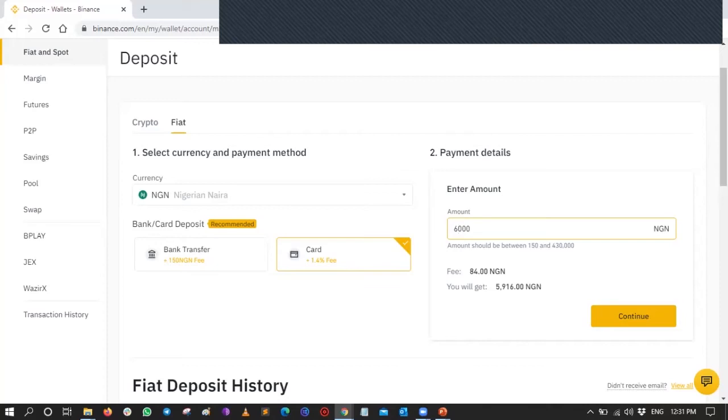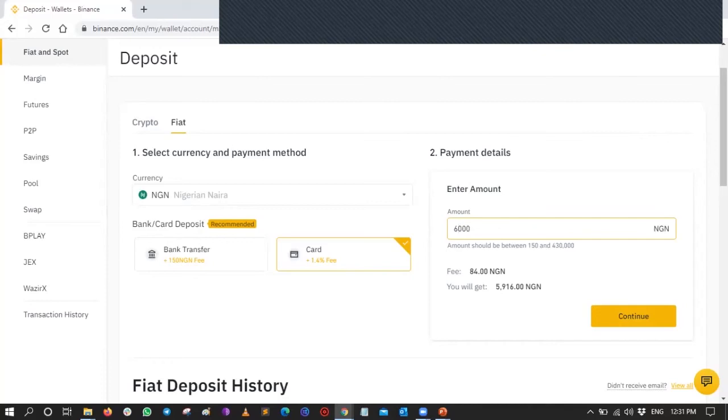Once I'm done with my trading, I just withdraw straight into my bank account. There's no middleman in between. Gone are those days when you trade, and you still have to sell to another person, transfer your Bitcoin to another exchange before you can get your money back.